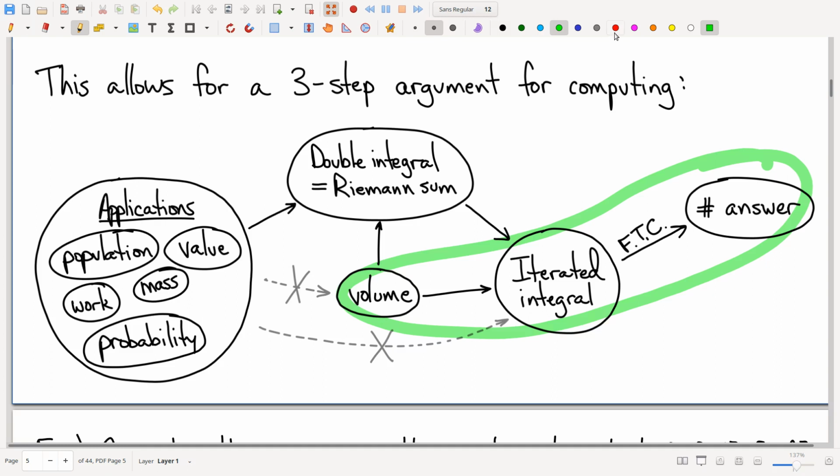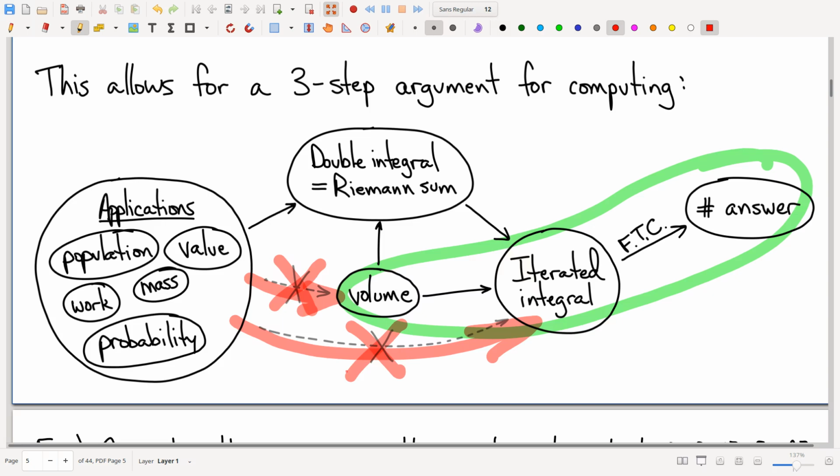But then I was unhappy about the fact that I can't relate applications to that. Right? I can't argue that mass is volume. It doesn't make any sense. And I also observed that you can't immediately write mass as an iterated integral either, because the units, if nothing else, don't work out. So that doesn't make any sense either. So this is where we were before we started talking double integrals.